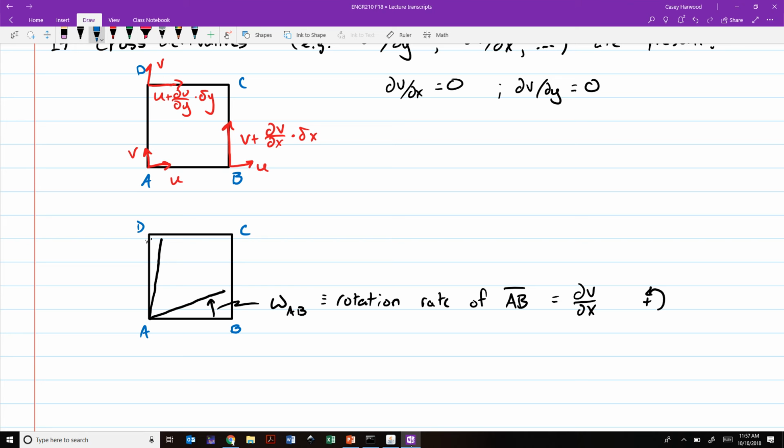This one up here, let's go ahead and change up the color scheme a little bit. We'll call it omega AD, similar idea, the rotation rate of line segment AD, which is equal to du/dy. If du/dy is positive, is it going to rotate clockwise or counterclockwise?